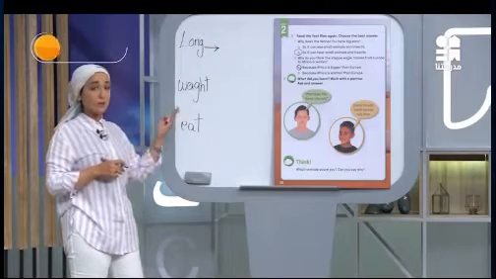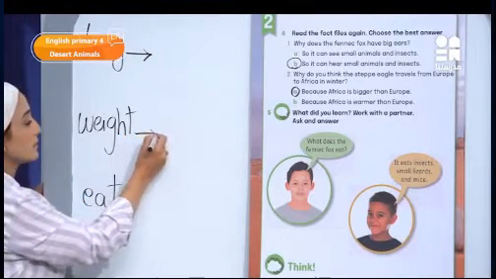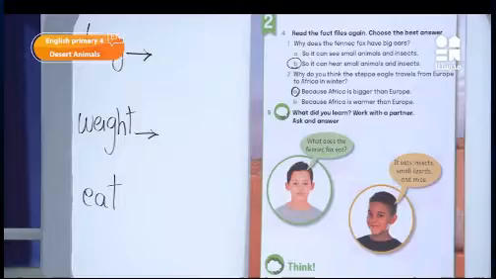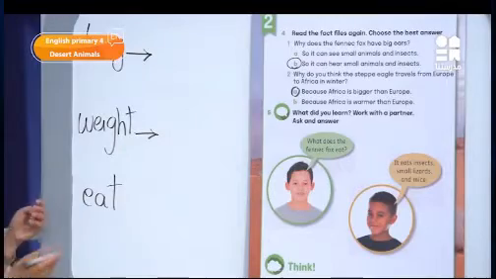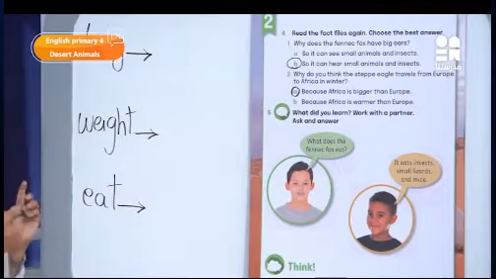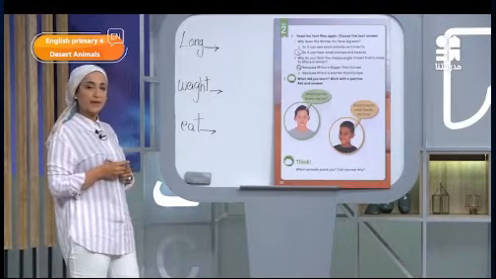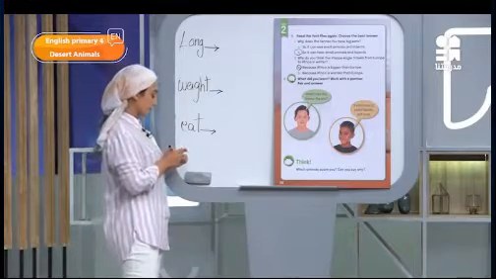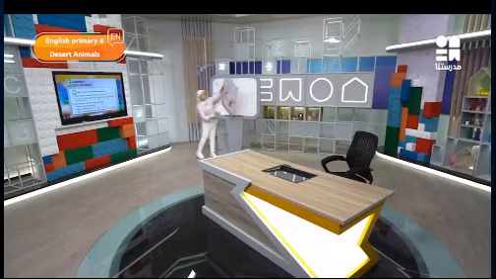Very good. How long is it? Weight. How much does it weigh? Very good. And eat. What kind of food does it prefer? Exactly. Okay. Now let's write the questions again.